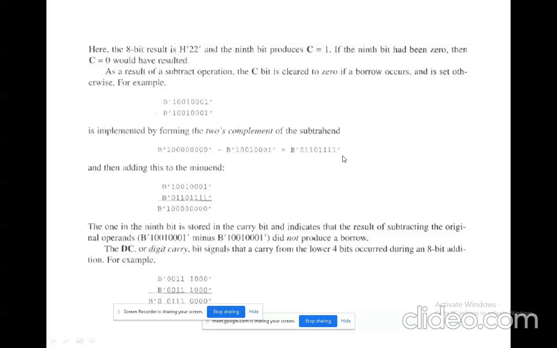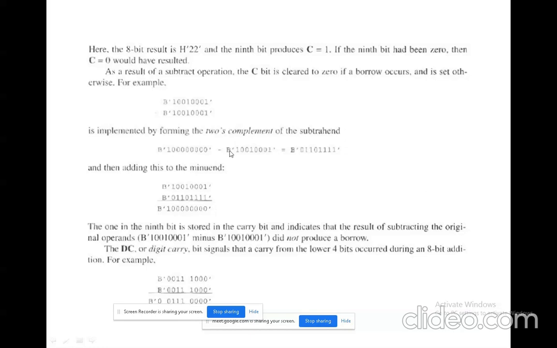Now we are going to add this result with the minuend, this data. So when you add this, you will be getting the same result. Okay, for example 5 minus 3 equal to 2, now 2 plus 3 will give 5. The same thing they have done here. This will be the result for adding the minuend to the result of the subtraction.